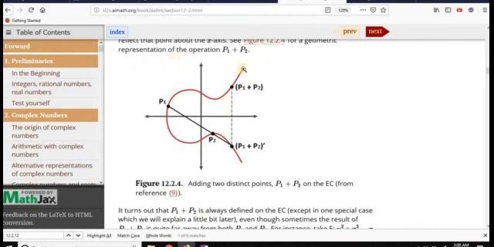The group operation is called plus, and if I want to find the plus of two group elements, I take the 2 points on the curve, then I draw the line that joins them, and that's going to intersect the curve at exactly one other point. Then I take that other point and reflect it, and that gives me P1 plus P2. So I think this picture is pretty clear.